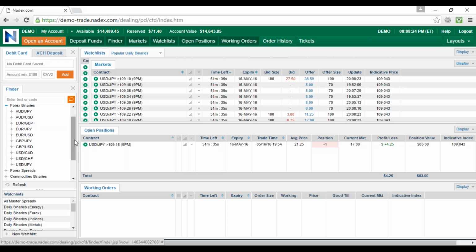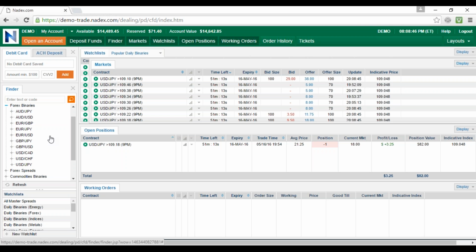Yep, exactly. Australia and Japan, okay? There are plenty of others, but as far as these particular pairs here, Aussie pairs and Japanese pairs are probably going to be moving the most this early in the evening.